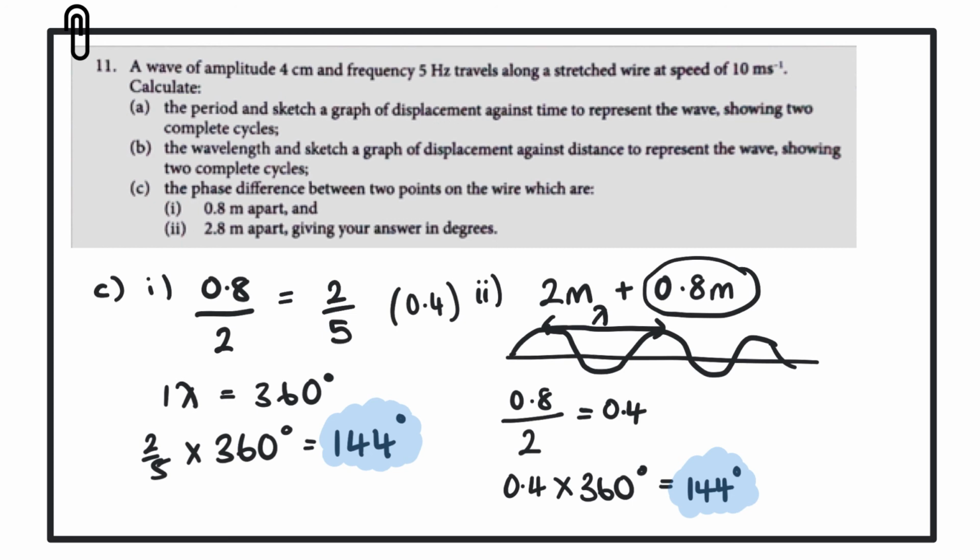And that would be the same if we kept adding on a full wavelength. So 4.8 would have the same phase difference, 6.8, 8.8. They would all have the same phase difference. So when we're looking at phase difference, the answer will always be between 0 and 360. It will always be less than one full cycle.